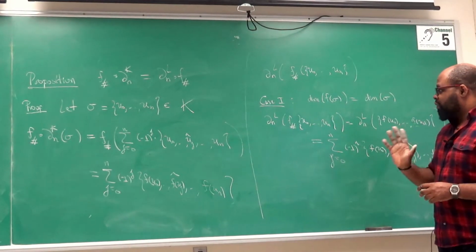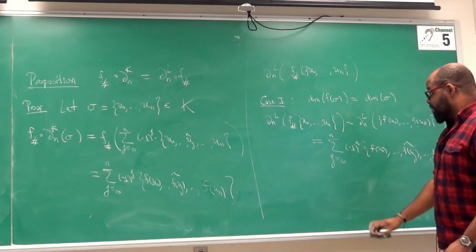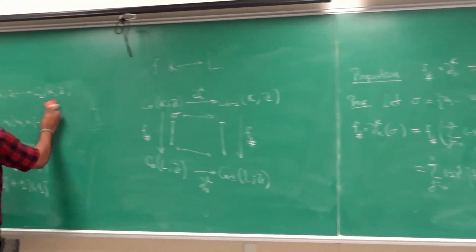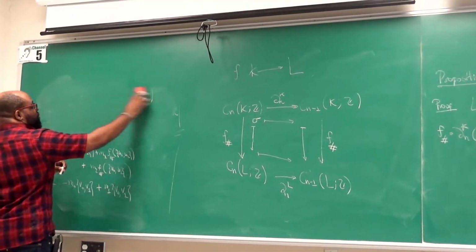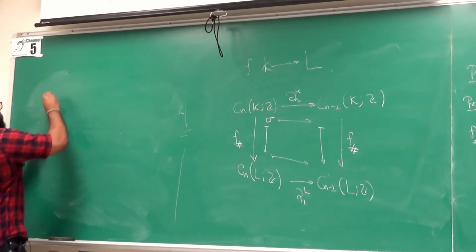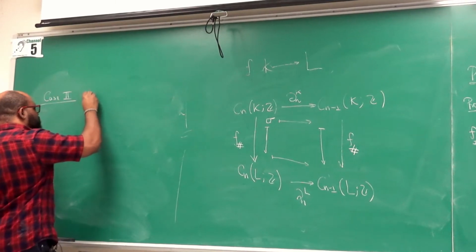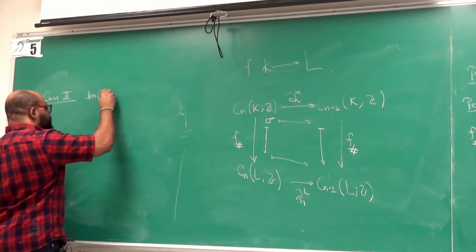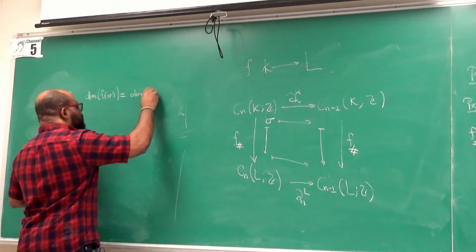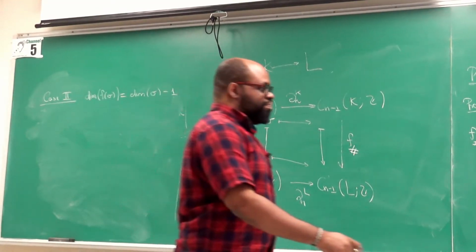Let's see what happens when the dimensions get reduced. In the second case, let's say that the dimension of f sigma is just one less than the dimension of sigma. So I repeat two entries.